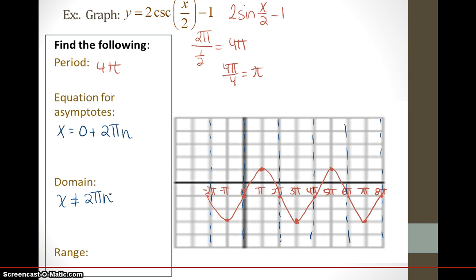And then the range is from -infinity to -3, and then from 1 all the way up to infinity. And of course, I forgot to graph in our function. Okay. So here we have our cosecant function. That's 2 cosecant of x over 2 minus 1.